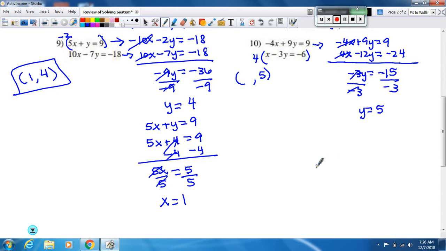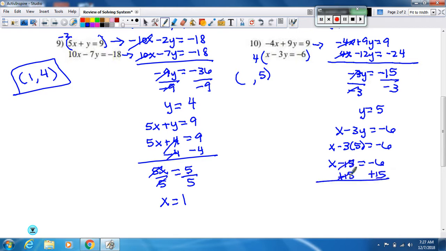Okay, I'm going to take the bottom equation, x minus 3y equals negative 6. I'm going to plug in 5 for y, so x minus 3 times 5 equals negative 6. X minus 15 equals negative 6. I'm going to add 15 to both sides. Opposites cancel, so x equals 15 take away 6, which is 9.